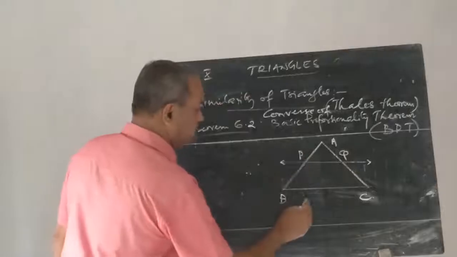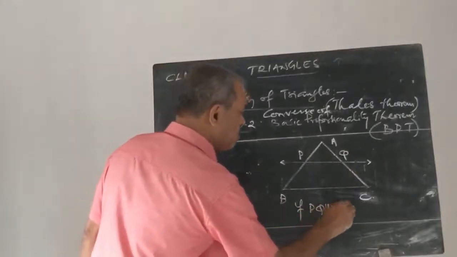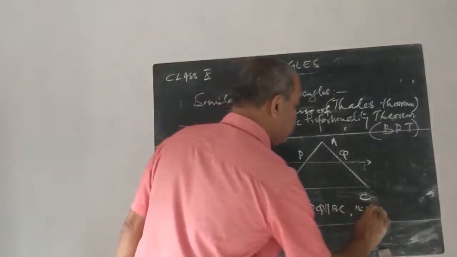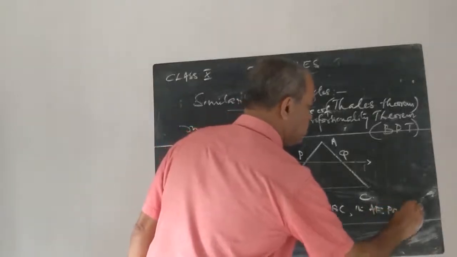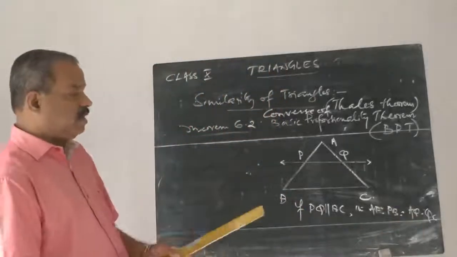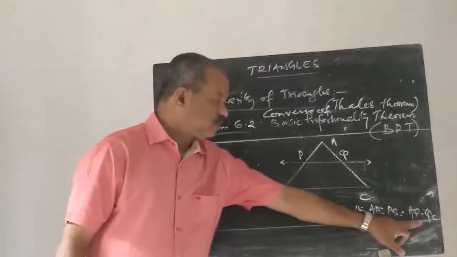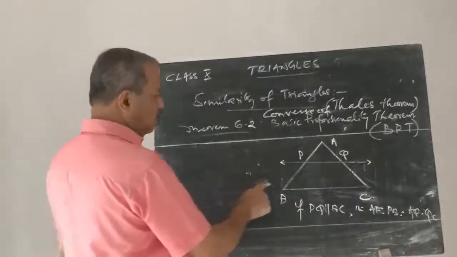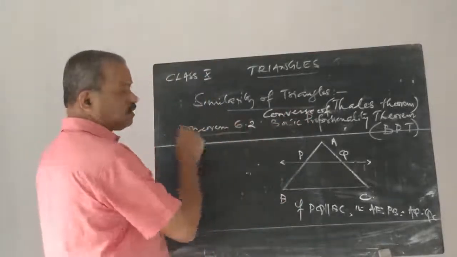The converse can be: if AP is to PB equal to AQ is to QC, then PQ parallel to BC. That is the converse of BPT, theorem 6.2.